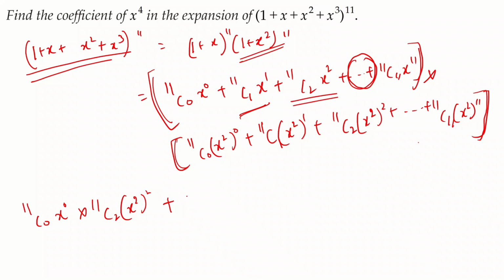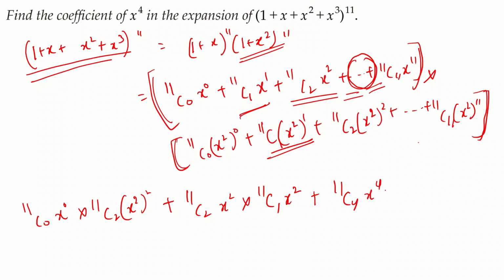Then for this, 11c2 x square, when this will be multiplied to this term over here, so 11c1 x square, then x cube, we don't need to bother about the x cube over here, but x to the power of 4 over here, when multiplied to this constant, will give us x to the power of 4, 11c0 (x square) to the power of 0. So all these terms contain x to the power of 4, and these are the only terms that contain x to the power of 4. No other term contains x to the power of 4.